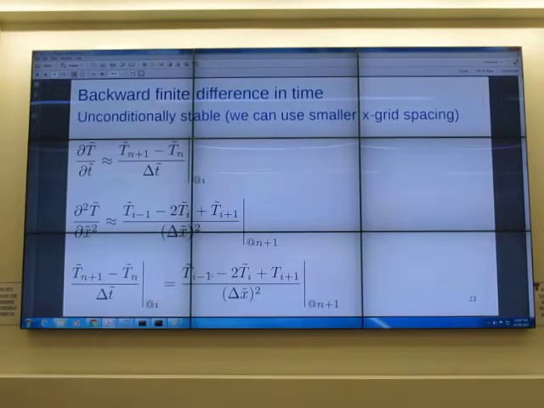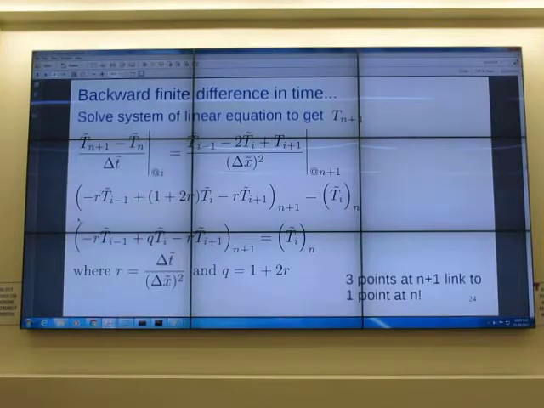So after we rearrange it, we get minus R pop up. Minus R is just delta t divided by delta x squared. And Q pop up. Q is just 1 plus 2R. So what I'm saying is, after we do the math, from that, we rearrange it.